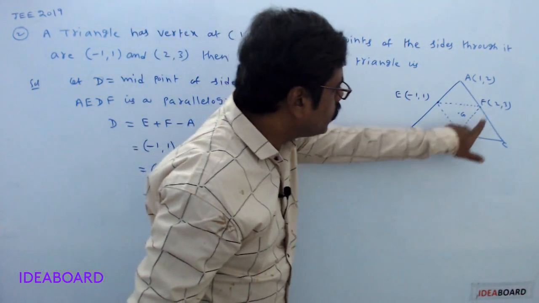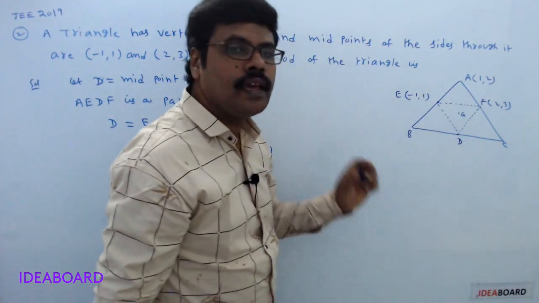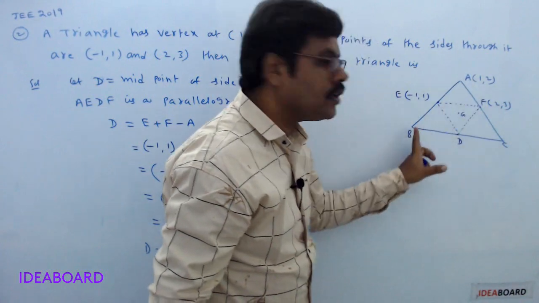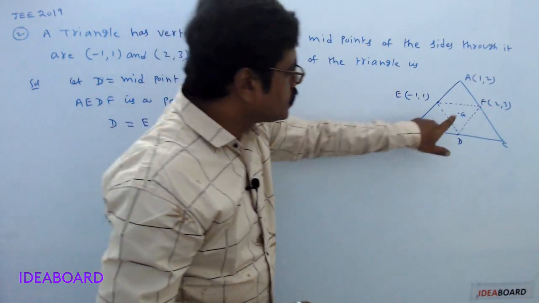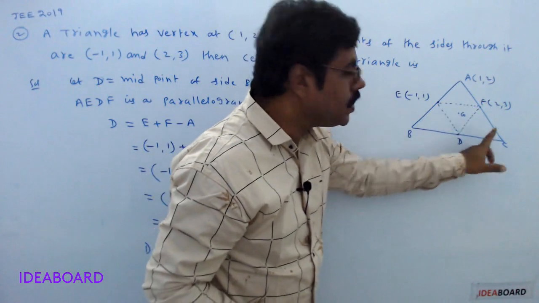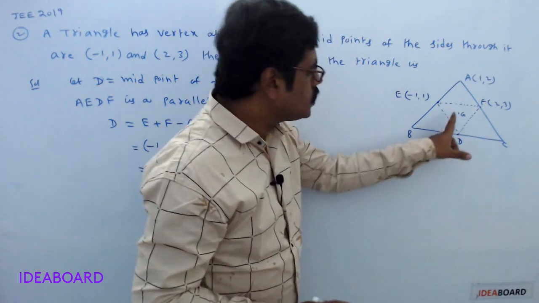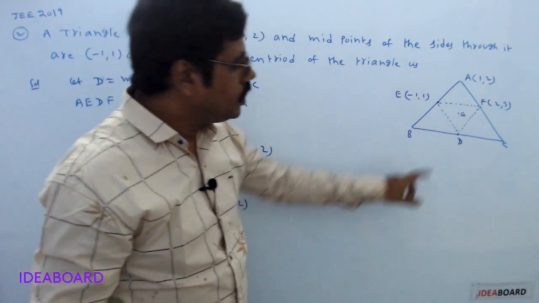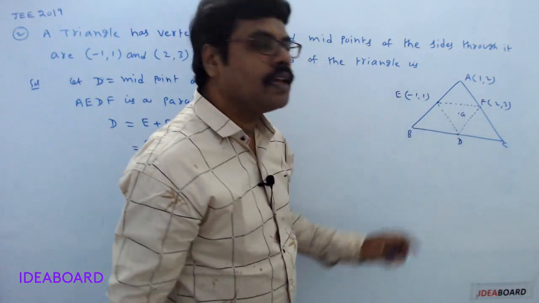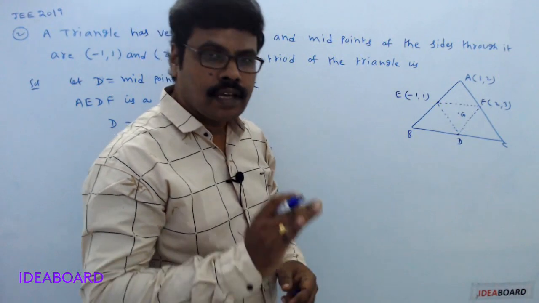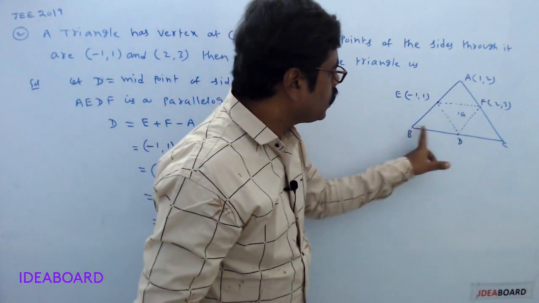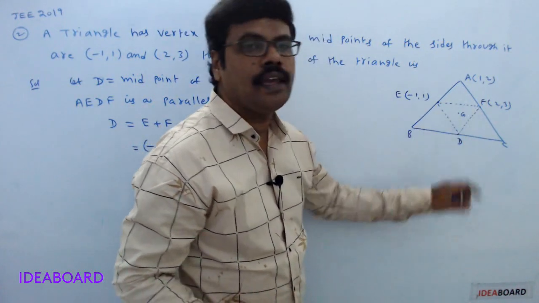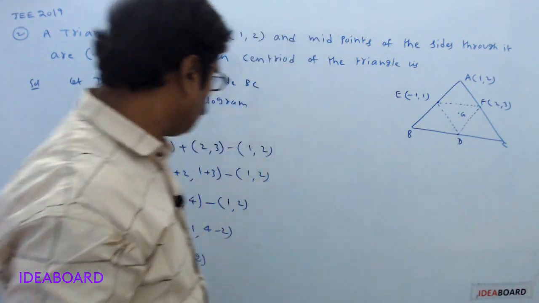Since D, F, E are the midpoints of the sides BC, CA, AB, the centroid of triangle ABC is the same as the centroid of triangle DFE. What is the property? If D, F, E are the midpoints of the sides, then the centroid of triangle ABC is the same as the centroid of triangle DFE. First write down that property.